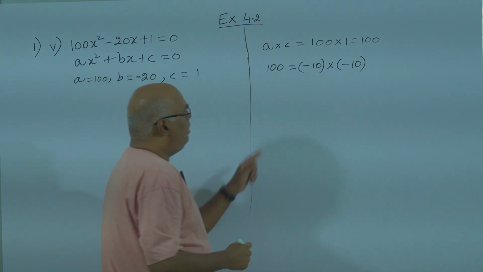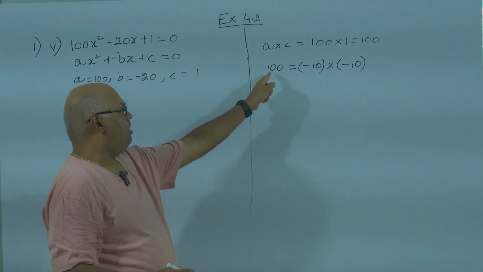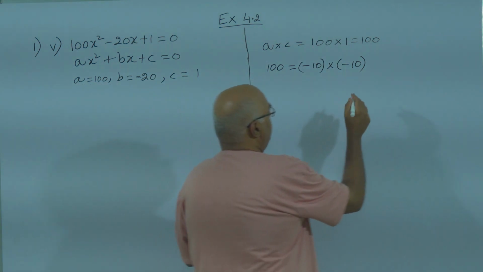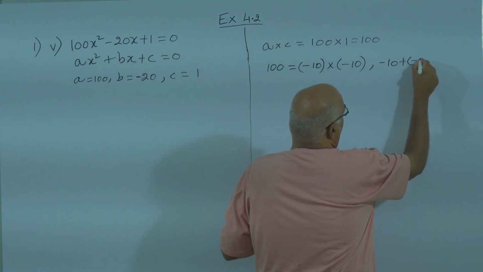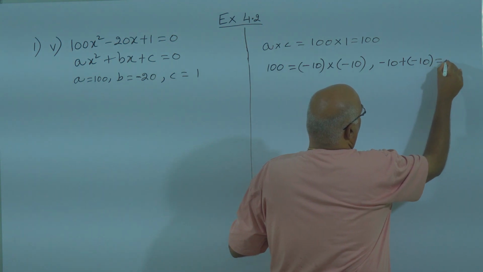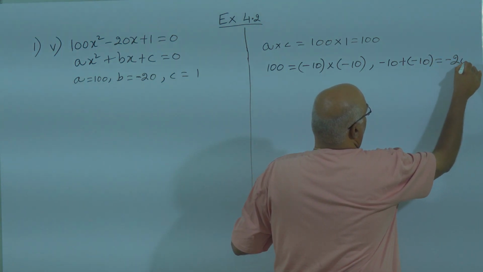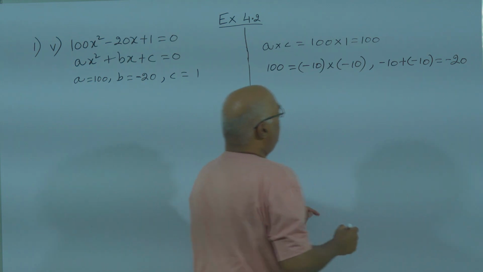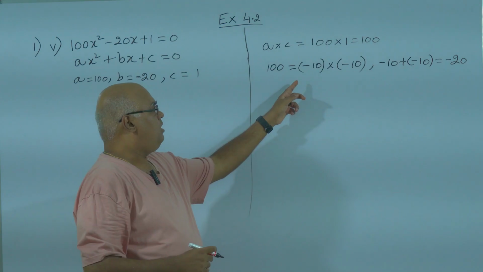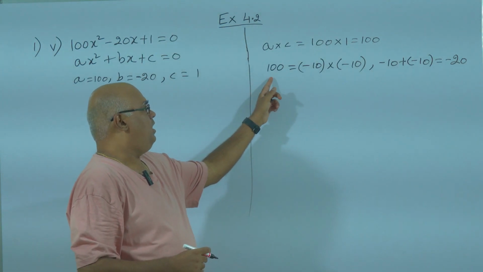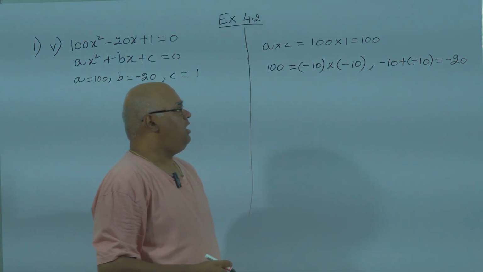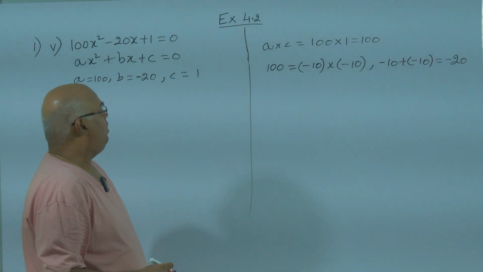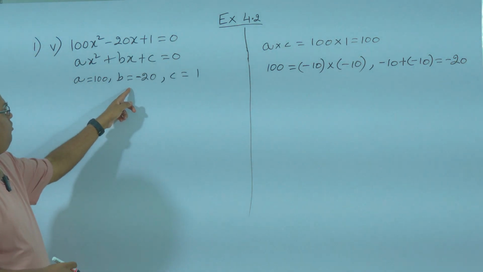If you observe here, minus 10 into minus 10 is plus 100, and minus 10 plus minus 10 is equal to minus 20. So when I multiply minus 10 and minus 10, I get 100, which is a into c, and when I add minus 10 with minus 10, I get minus 20, which is the value of b.